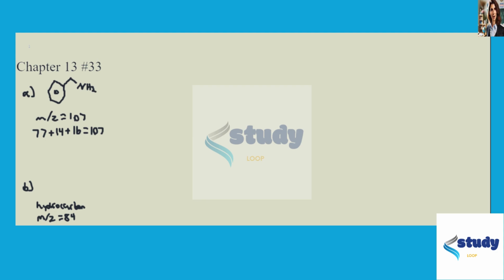So m/z equals 84. 8 carbons would be 96. 7 carbons would be 84 exactly. We're not going to have a molecule that's just carbon, so let's go one less. Let's go 6 carbons, which is going to be worth 72.